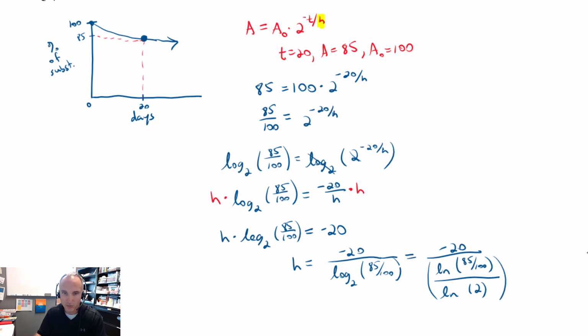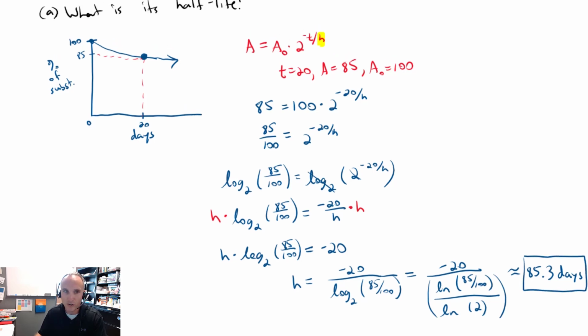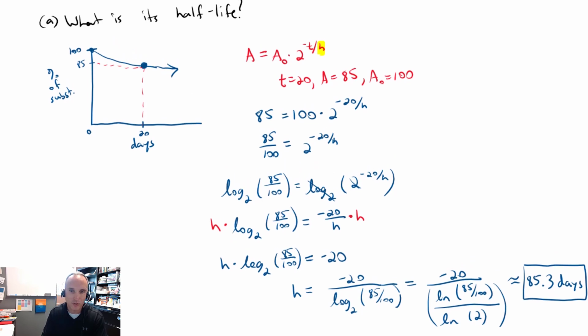And in either case, whichever way you type it, you should get about 85.3. And the unit on the half-life, because it's a time value, is days. Okay, so the half-life of this radioactive substance is 85.3 days, meaning after 85.3 days, we should drop from 100% down to half of that at 50%.